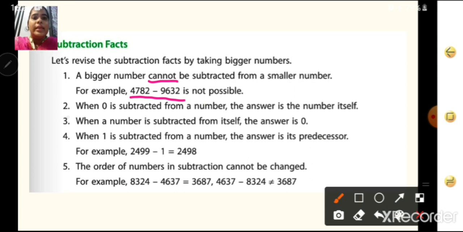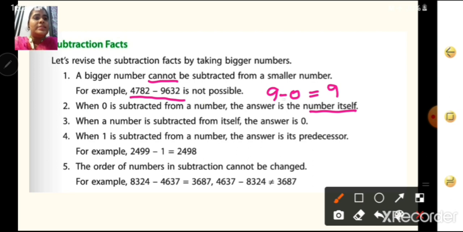Then when 0 is subtracted from a number, the answer is the number itself, right? Now if we are subtracting, for example 9 minus 0, what will I get as the answer? 9 itself, the number itself. Got it children?